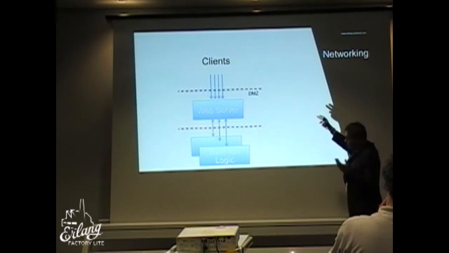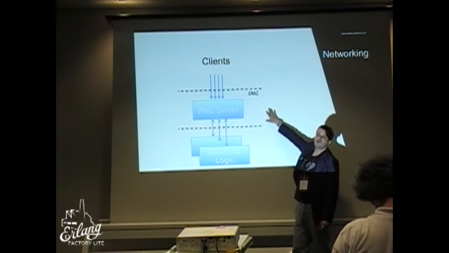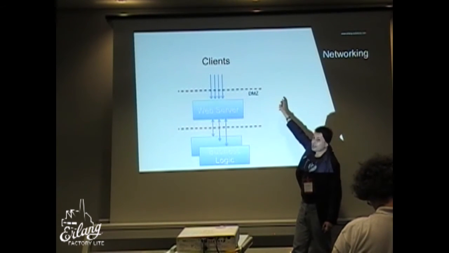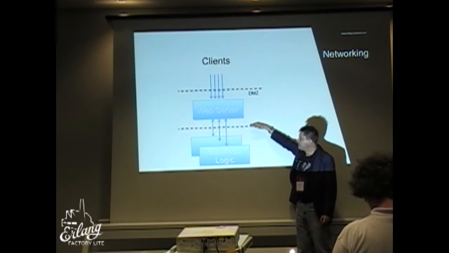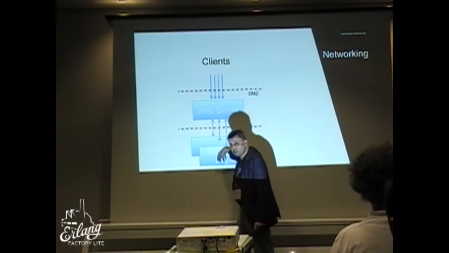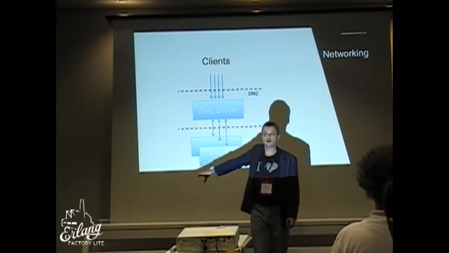Here's a typical example of a two-tier architecture where we've got our web servers running in a DMZ. Outside, the clients are running in the perimeter network, and then we've got firewalls, and between the firewalls we've got our nodes running the business logic. Last thing you want to do is start running distributed Erlang between the web server and these nodes.